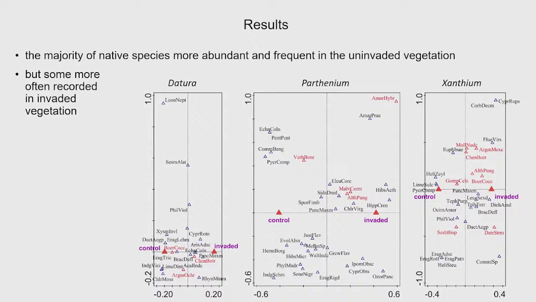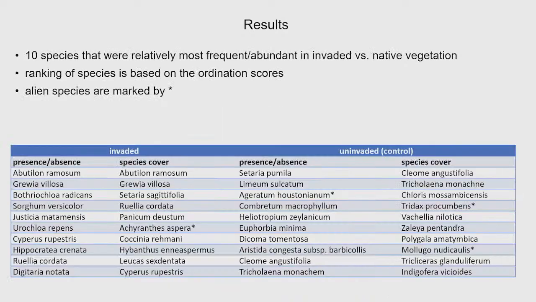When we look closer, what happened? Here are 3 ordination plots for 3 species, Datura, Parthenium, and Xanthium. Native plants were more common in controls, while in invaded sites, in the case of Parthenium and Xanthium, there were more invasive species, other ones, such as Alternanthera pungens or others.